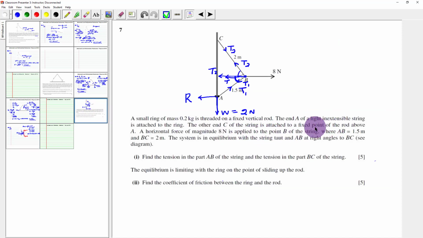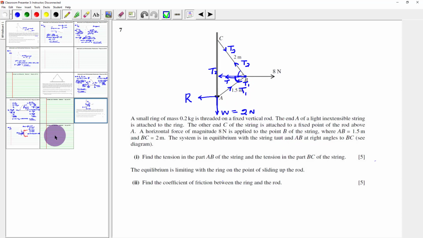We are told that the other end C of the string is attached to a fixed point of the rod above the ground. A horizontal force of magnitude 8 newtons is applied to point B.